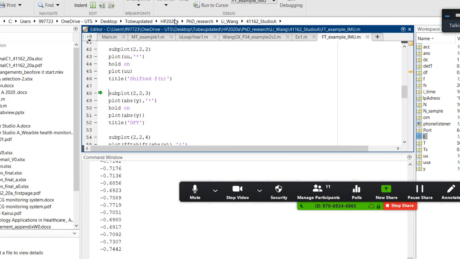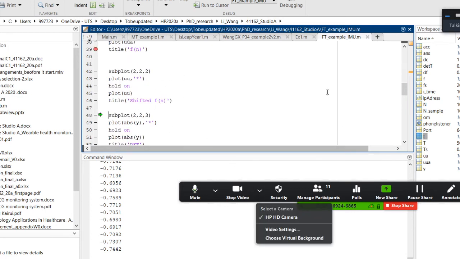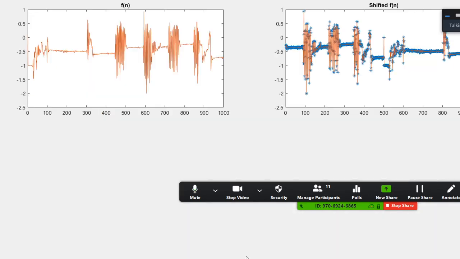When you do a Fourier transform, you normally shift using this command, and then you can see what I get. So this is the shifted one. You can see they are actually the same record but shifted. Can you see how it shifts? This half moves to the first half. They shift at 500, so they shifted. We call this shifted fn.